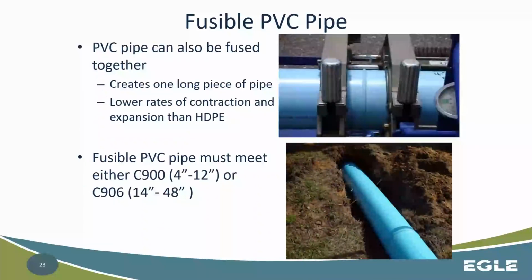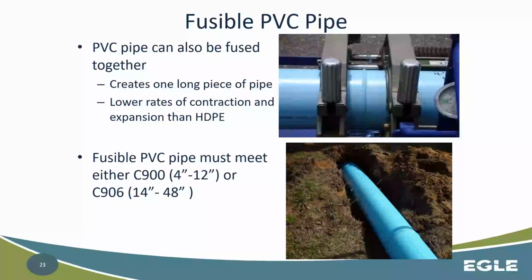So fusible PVC is also another option. And this goes into a similar concept to HDPE, even though they are different. PVC pipe can also be fused together, so it's not necessarily just a push-on joint. It has lower rates of expansion and contraction than HDPE.